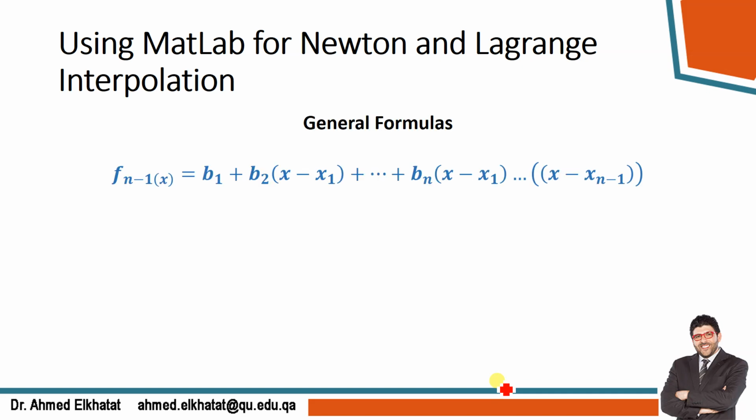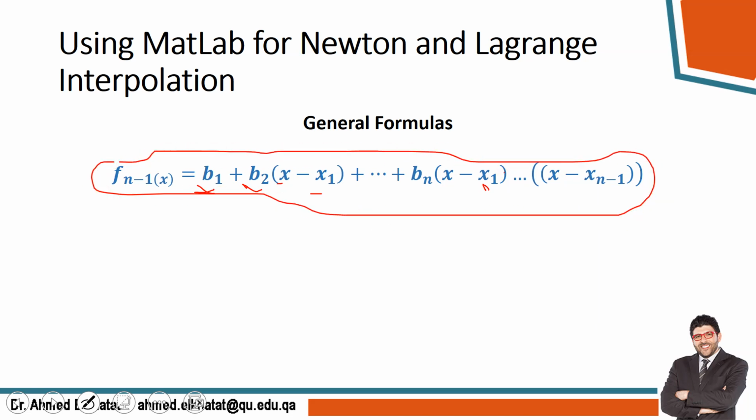Now the general formula is P1 plus P2 times (x minus x1) plus, until, Pn times (x minus x1) times, until, (x minus xn minus 1). So this is the general formula for the Newton method.